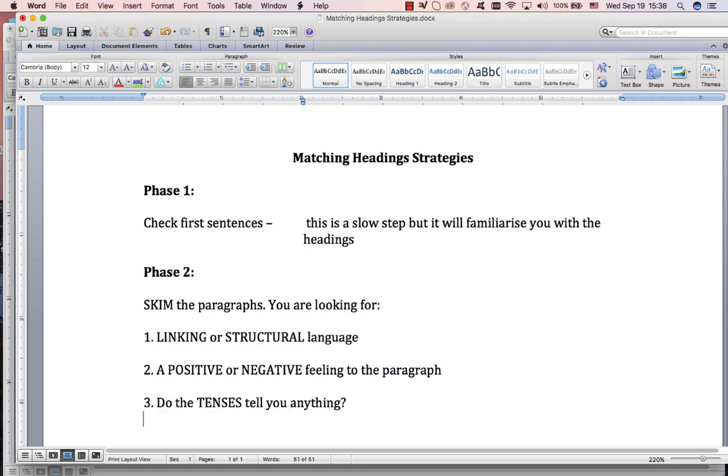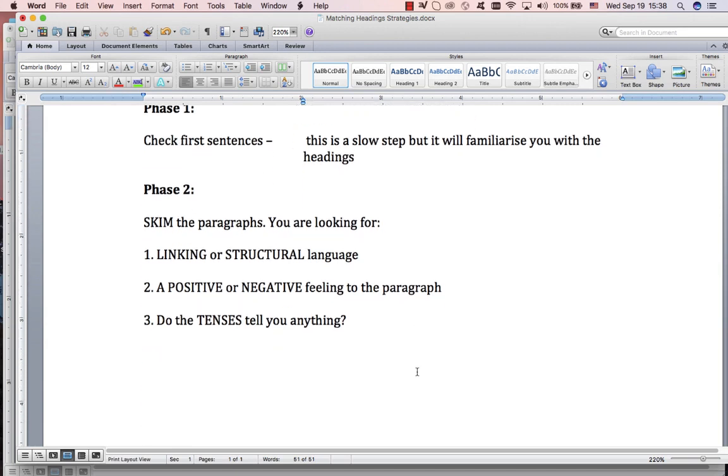Next, do the tenses tell you anything? Sometimes a heading is talking about the future and a paragraph is just past tense, so then you know that it doesn't match up. Sometimes you can get information from the tenses. Then you're going to notice a few words. You will notice the familiar words, the words that you know, basic words like tree or dog or food.